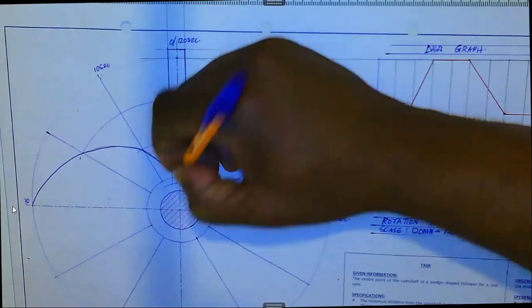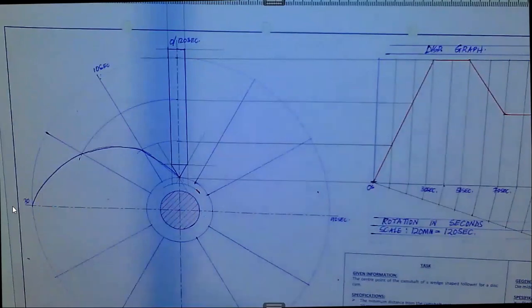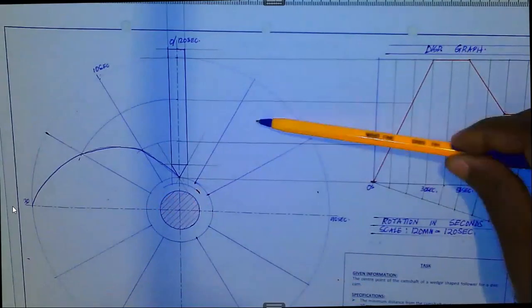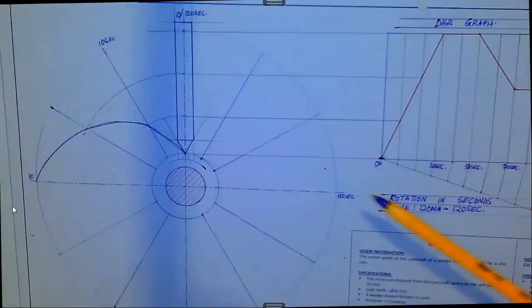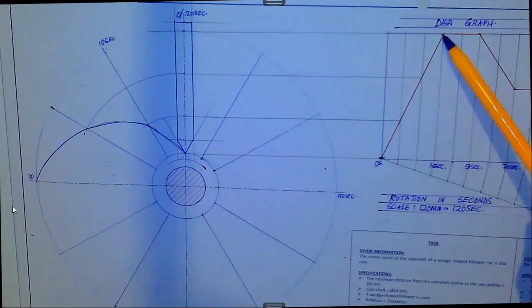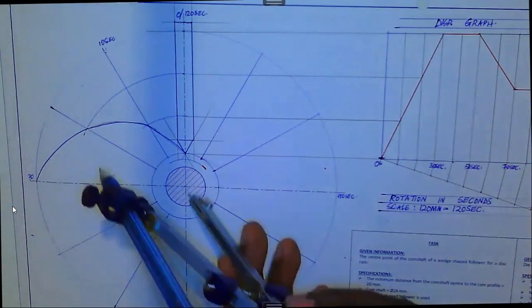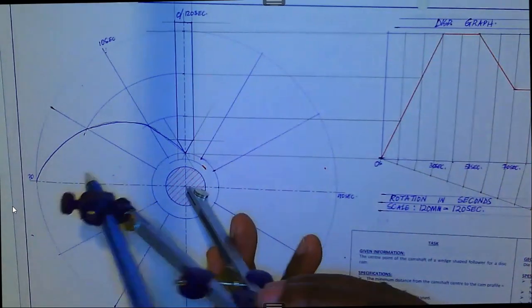So this is part of the cam disk. So what I want you to do, I want you now to complete the rest of the cam disk. Plotting from here, remember, once we have reached 30, from 30 to 50, which is 50 here, there is a dwell. Remember, let me just show you the dwell element.